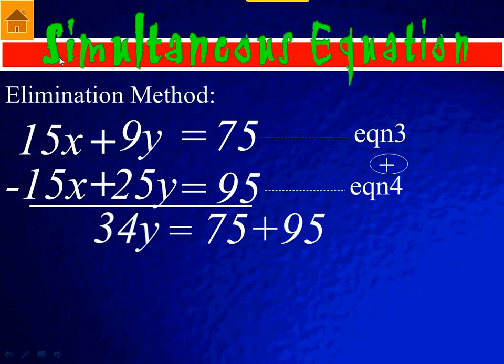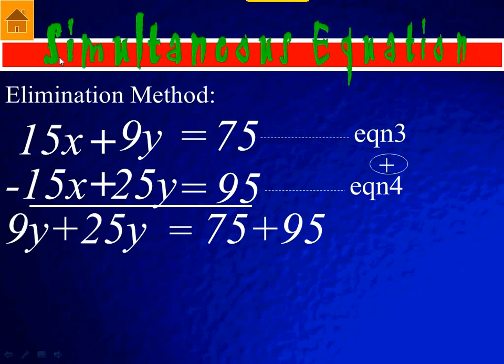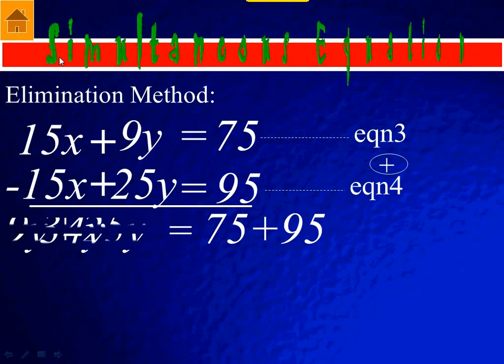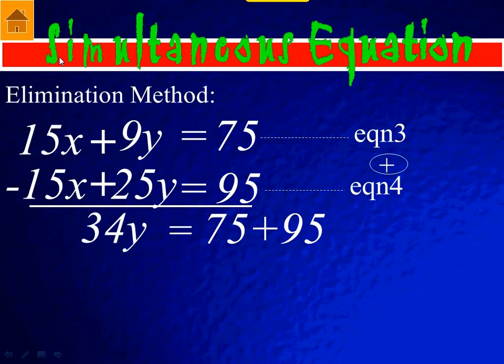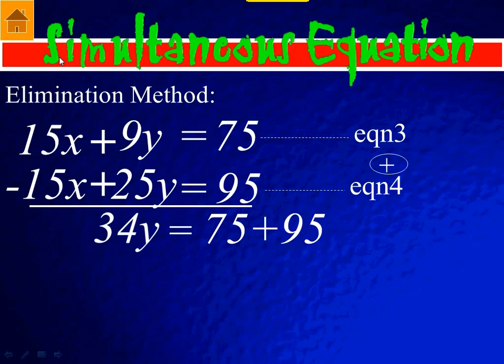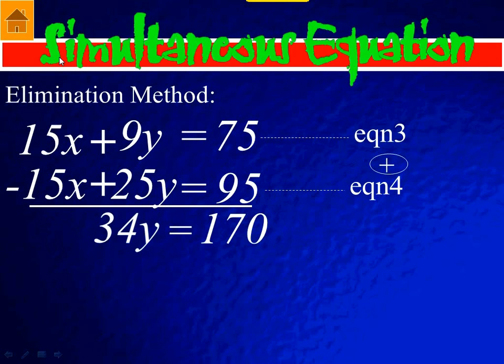Let's look back on that. 9y plus 25y would evaluate to 34, so we get 34y. 75 plus 95 adds up to 170. Therefore what we now need to do is to get y.